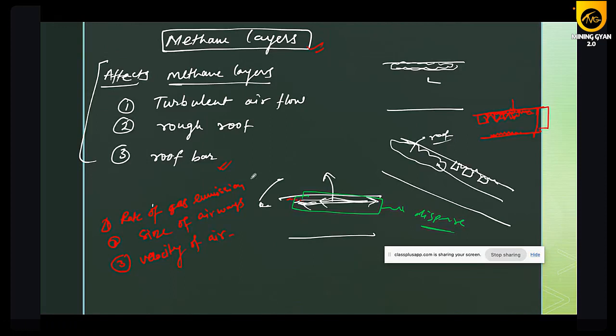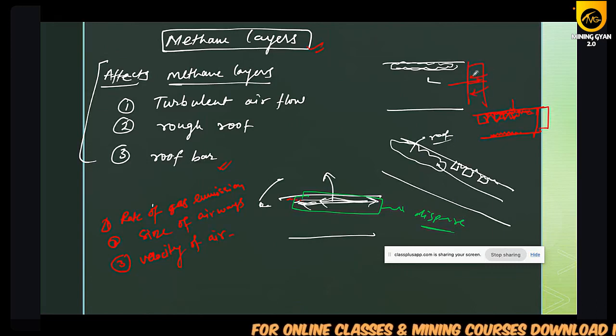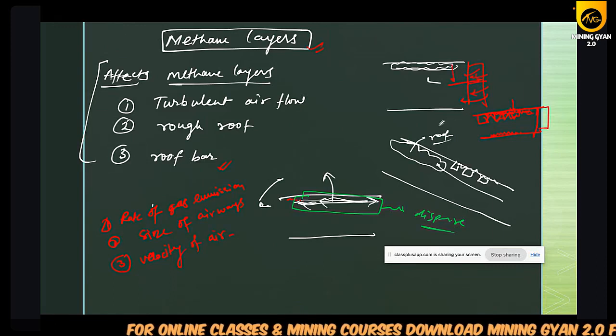Similarly, the methane layer also depends upon the rate of gas emission. Suppose you are extracting this face, so how much gas is leaking from the face, roof, it depends.